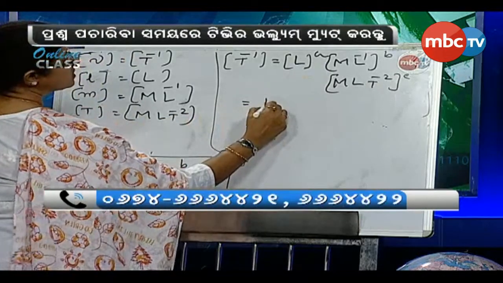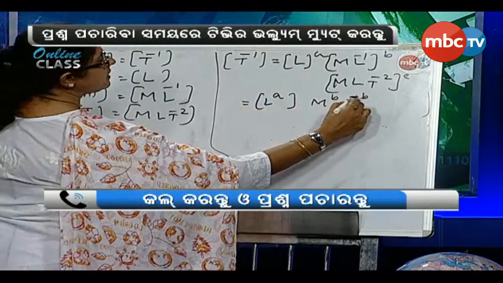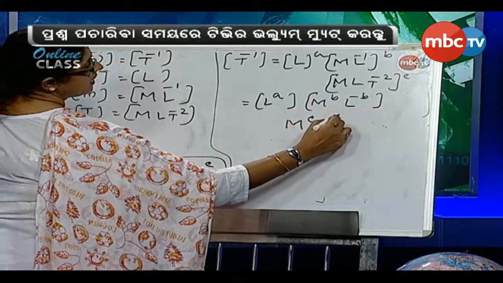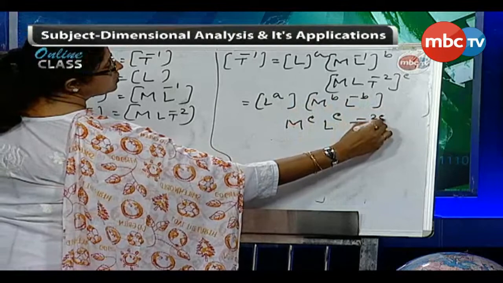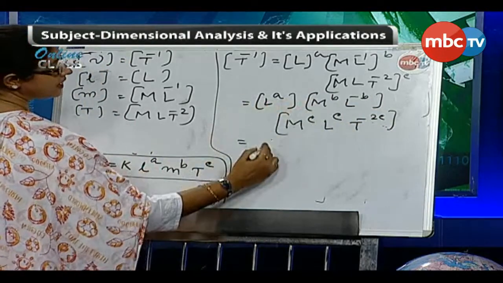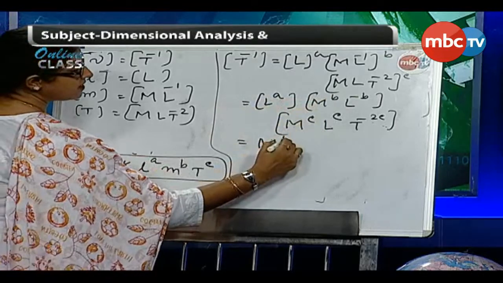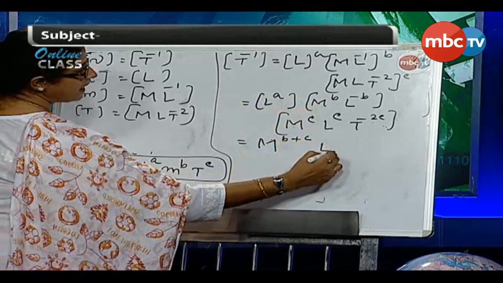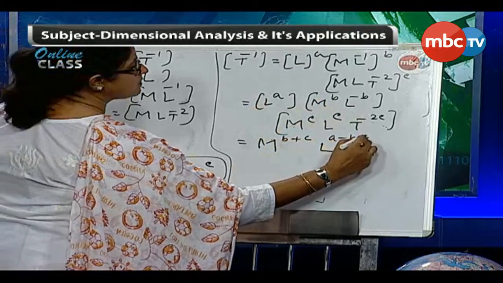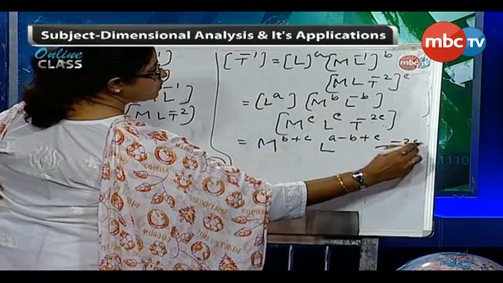So just solve it: L^A, M^B, L^-B, then M^C, L^C, T^-2C. Just set it in sequence: M first, so B plus C, then L, A minus B plus C, then T^-2C.